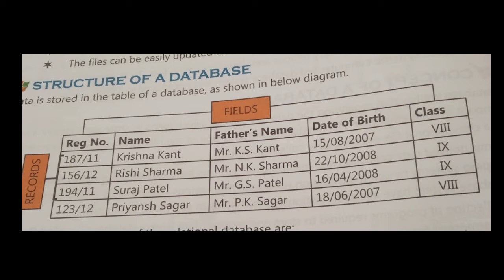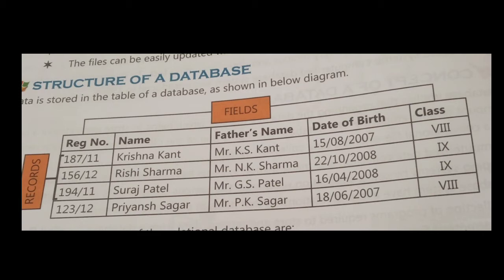Data is stored in a table in a database as shown in the below diagram. जो हमने डेटा को स्टोर किया है एज अ डेटाबेस बनाकर, तो हमने एक टेबल क्रिएट किया है. ओके स्टूडेंट्स, इस टेबल में रजिस्ट्रेशन नंबर है, रिकॉर्ड्स बना है, ये सभी फील्ड्स हैं, नेम है, जैसे हमने स्टूडेंट्स के नेम ले लिए. ओके, नेक्स्ट वन है फादर्स नेम, डेट ऑफ बर्थ और उनकी क्लास. हमारा जे क्या बन गया, एक रिकॉर्ड बन गया किसी क्लास का, एक टेबल बन गया.